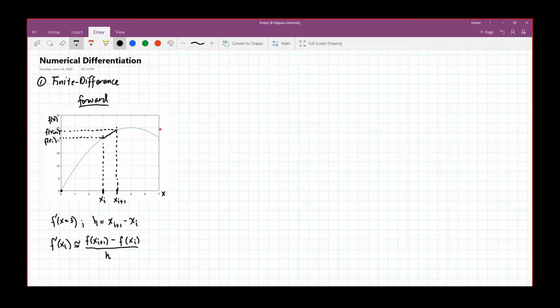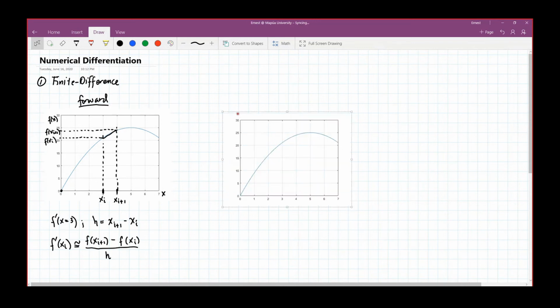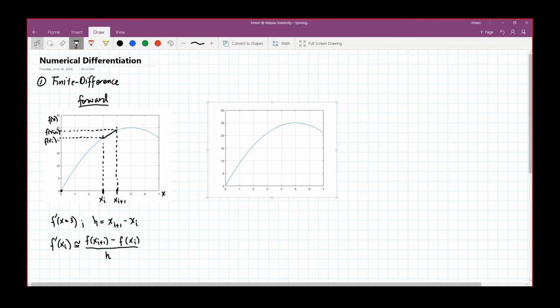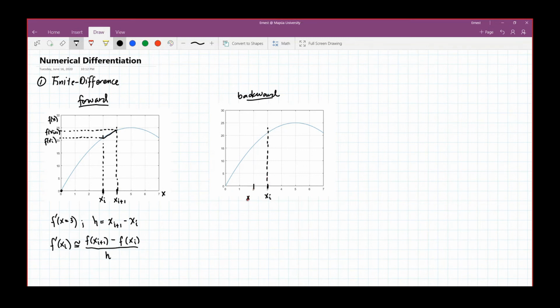Now we can do the same for a backward difference. Again, we have your xi here. Instead of stepping forward, you're stepping backward, wherein this is your xi minus 1.